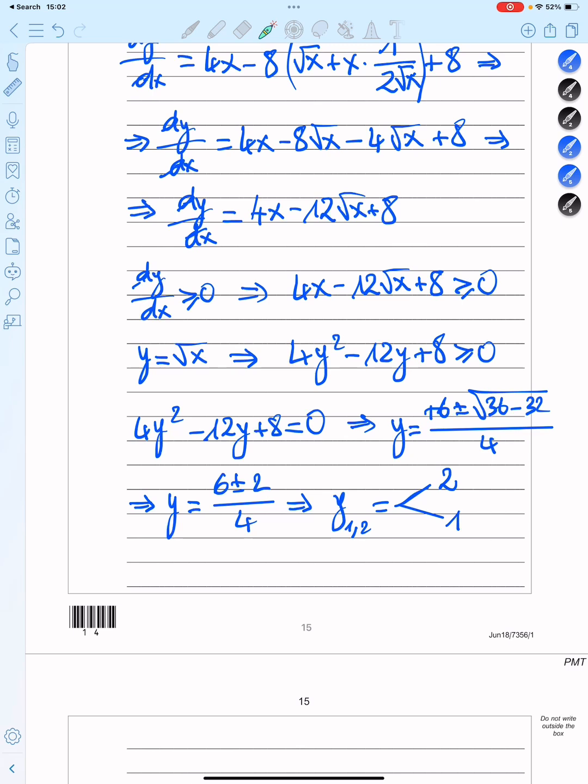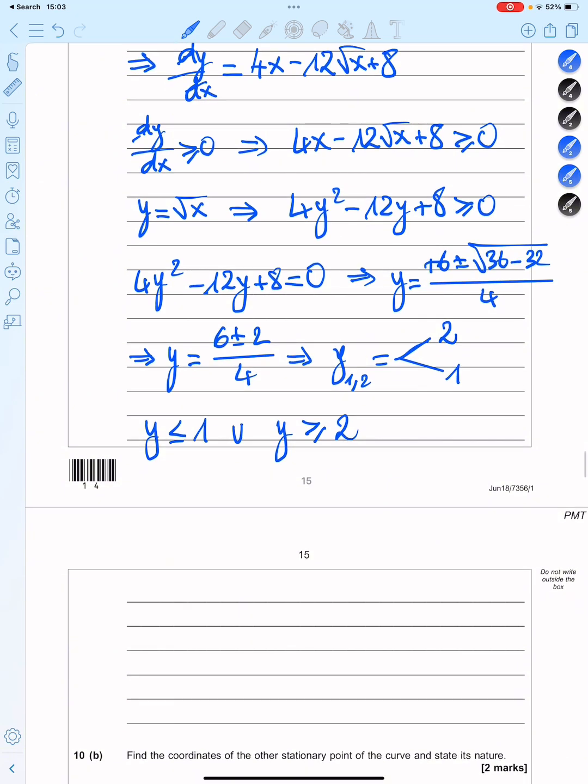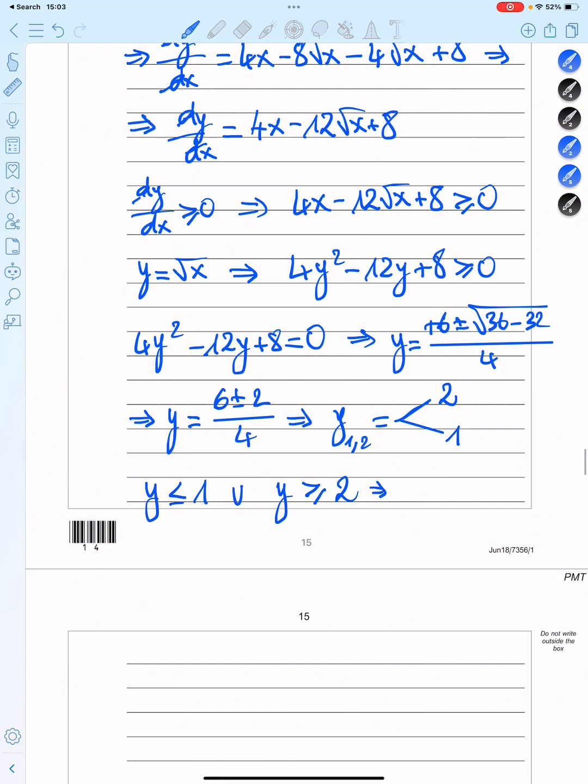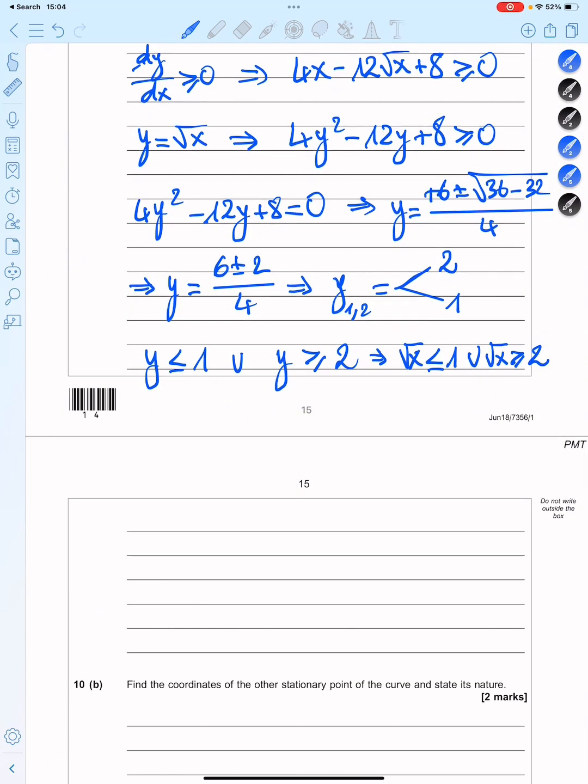So it means that our curve would increase when y is less than or equal to 1, and when y is greater than or equal to 2. That's where our curve is increasing. But we substituted y to be root x. This implies that root x is less than or equal to 1 and root x is greater than or equal to 2, and then I'm going to square everything.